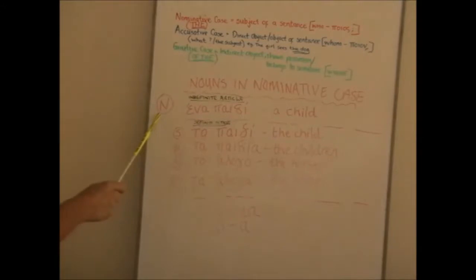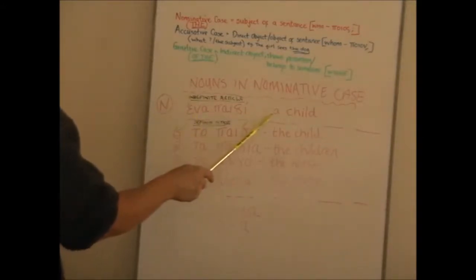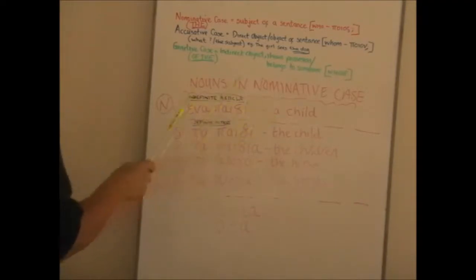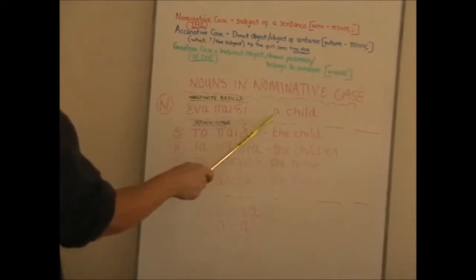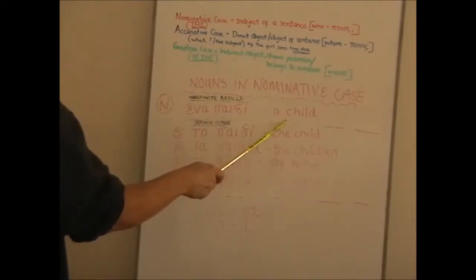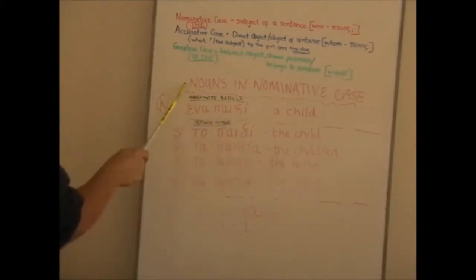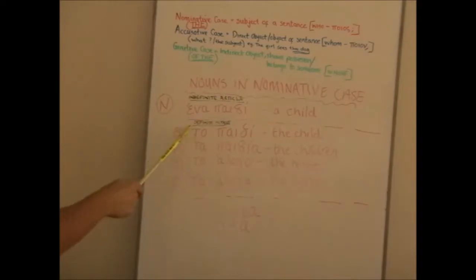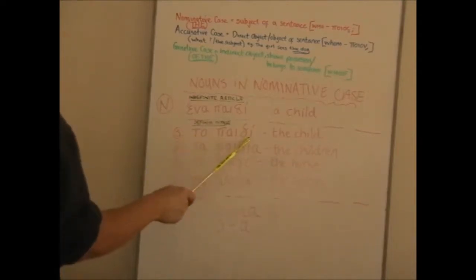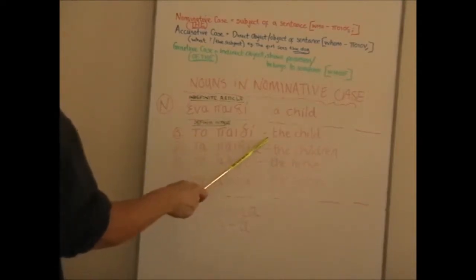So for neuter, the indefinite article, which means one thing, we say ένα παιδί, a child. So now for our nouns in nominative case, for neuter, for the definite article, singular, το παιδί, the child.